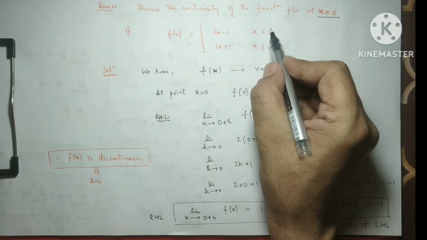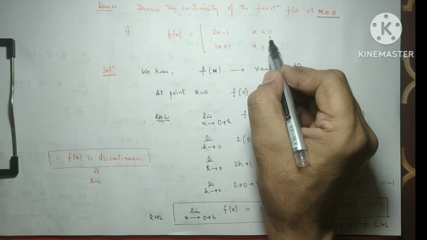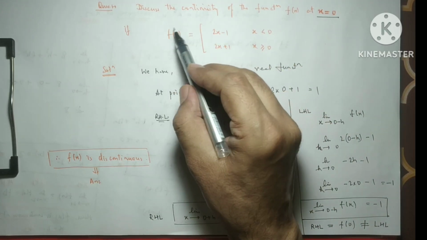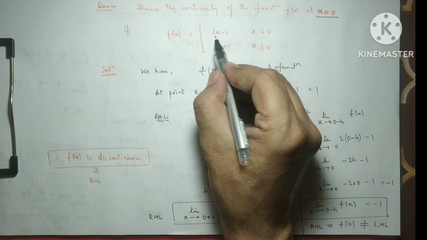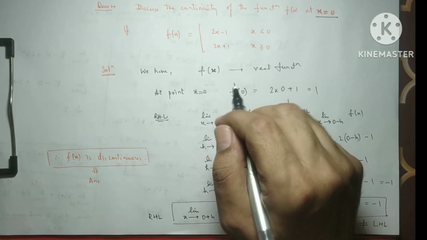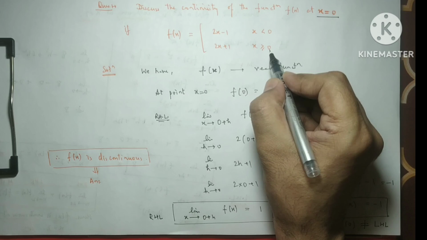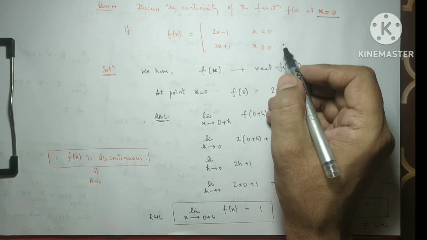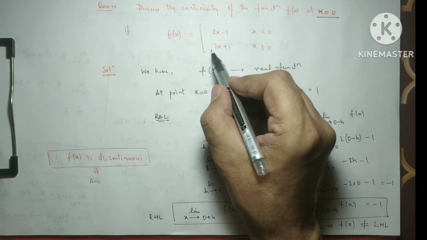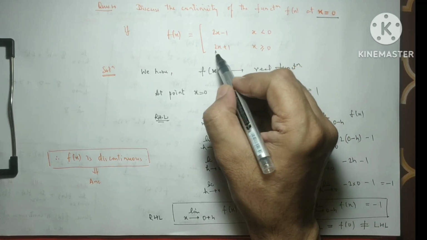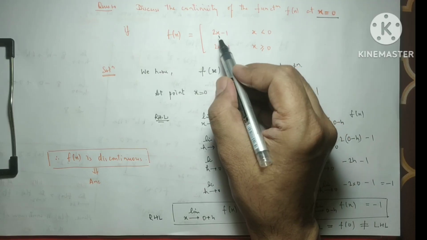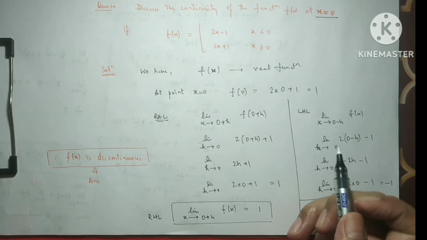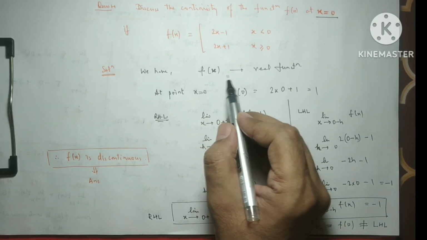So for negative values from the domain, the function follows the definition 2x minus 1. But when we go for the value 0 or greater than 0, or you can say positive values from the domain, it follows the definition 2x plus 1 in place of 2x minus 1. So definitely there is a small change.